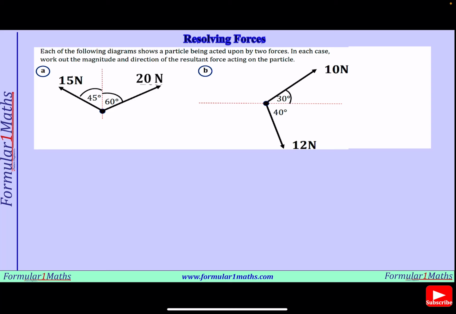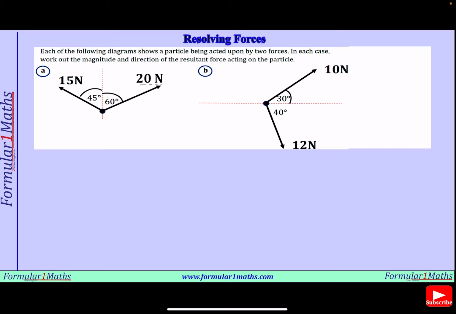These are the type of questions where you can use two methods to solve them. We can use either resolution of forces or another method called the triangle of forces. I'm going to do a follow-up video on triangle of forces.